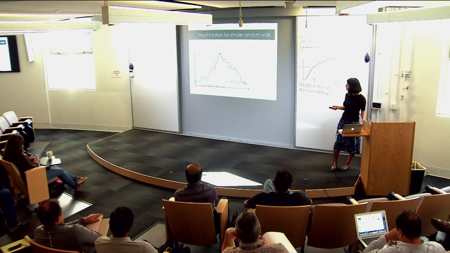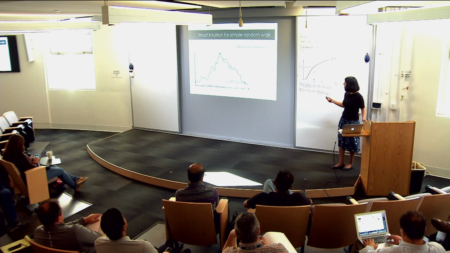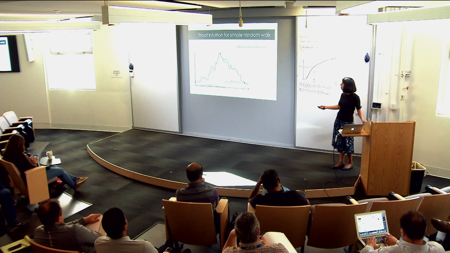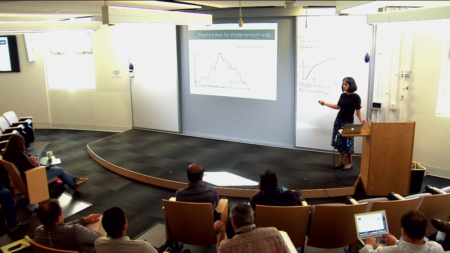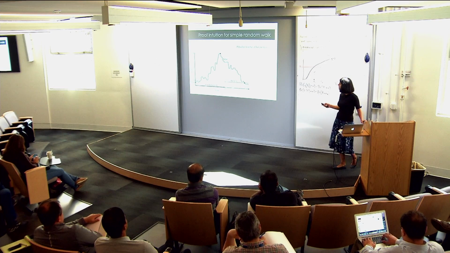Okay, so just to put some numbers here, recall these are some easy facts about random walks. If you look at the probability that this random walk starting at a value of v is going to reach 1 before it reaches 0, this is exactly v. Okay, this is just a simple consequence of optional stopping.